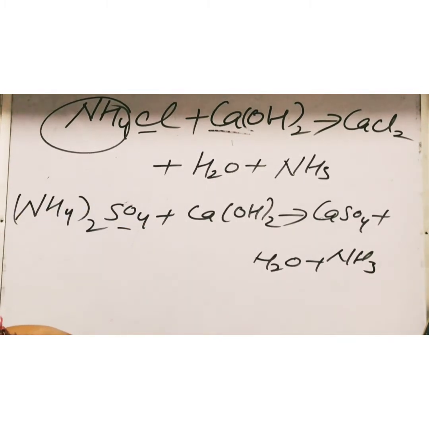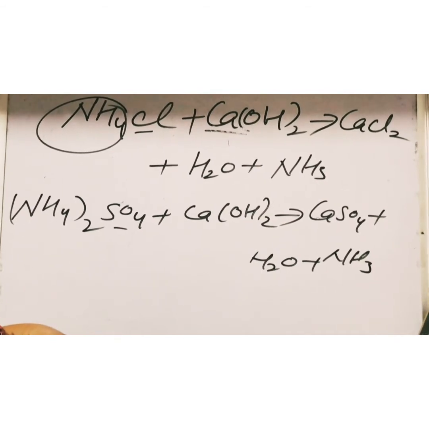See the precautions. The flask is tilted in such a way that the water formed in the reaction does not trickle back into the heated flask and thus break it. Then here, students, a drying agent is also used because the ammonia gas prepared during this reaction should be dry. Which drying agent is used?